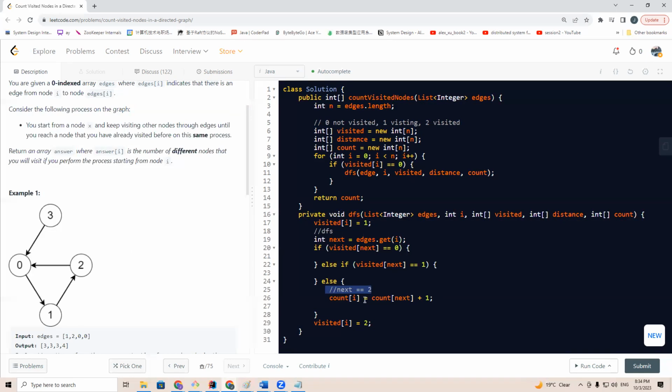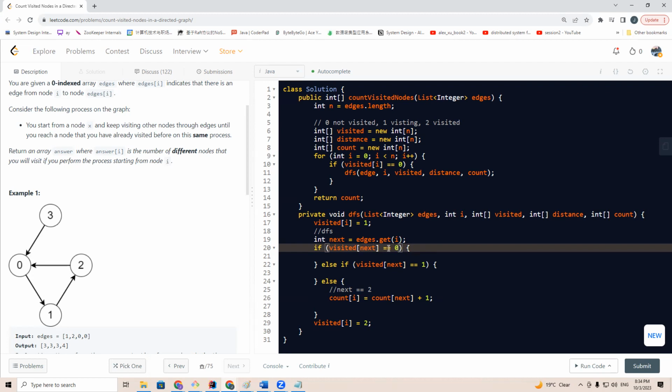Otherwise, the next will either be 0 or 1, right? For 0, it is possible that it is out of the circle, but it just means this node is not visited.